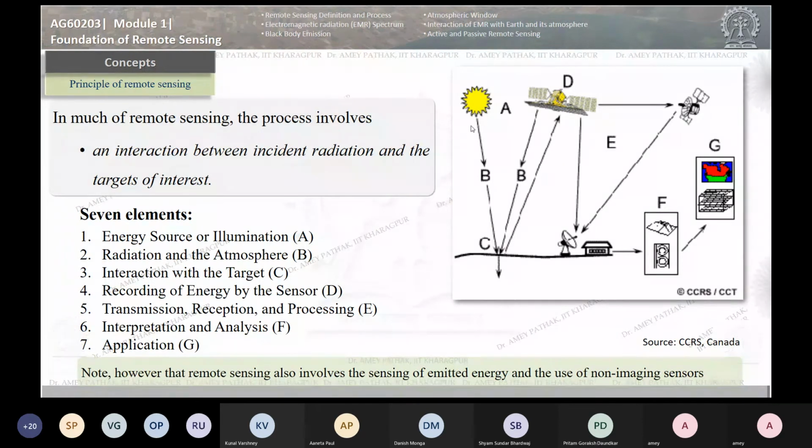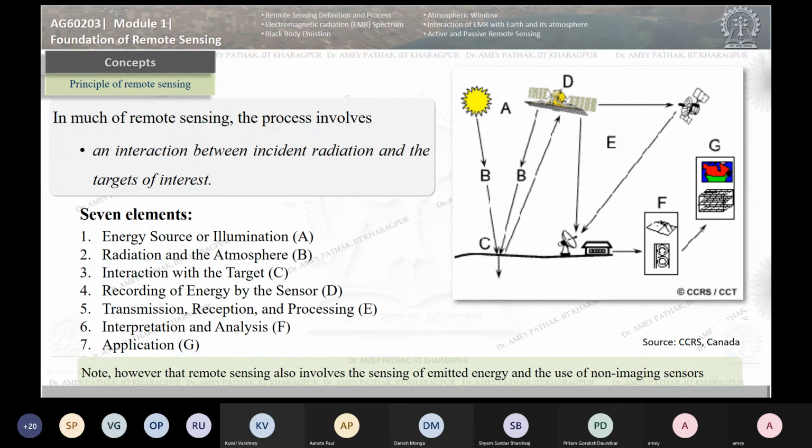That energy or light travels through the atmosphere, and we all know the atmosphere is made up of multiple gaseous molecules: nitrogen, oxygen, water vapor, dust, and various other gases.